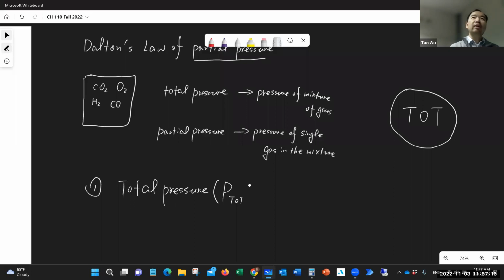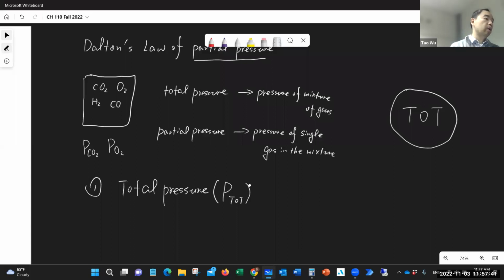Okay, so the total pressure, I'm going to just write like this. And partial pressure, I'm going to write just a P and then write a certain gas, like the partial pressure of the CO2 is just PCO2. The partial pressure of the oxygen is just P oxygen. And this is talking about the partial pressure of certain gases, okay?